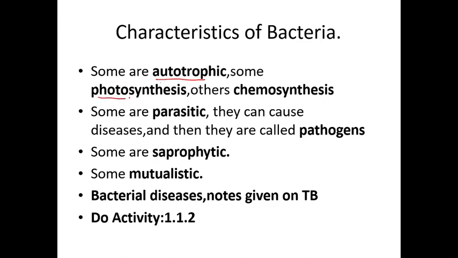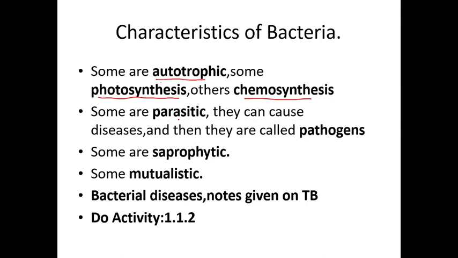Autotrophic include photosynthetic and chemosynthetic bacteria. Photosynthetic bacteria use light to make their own food, that is photosynthesis. Chemosynthetic, meaning they'll obtain their energy via chemical reactions.